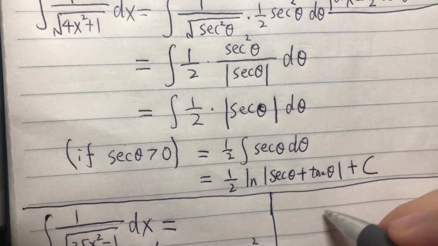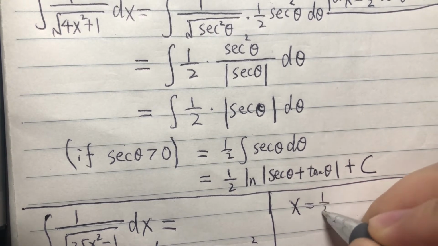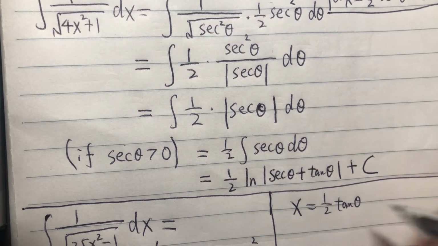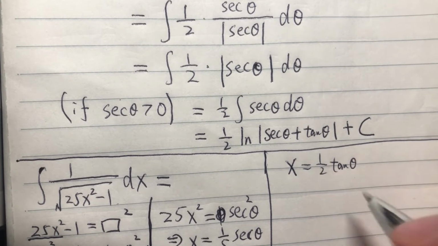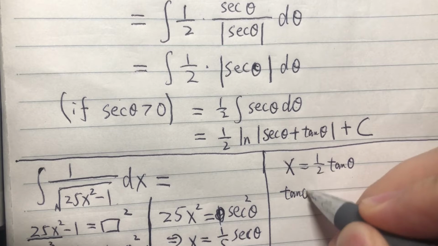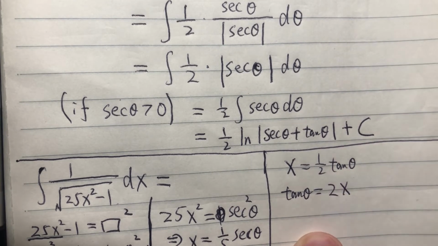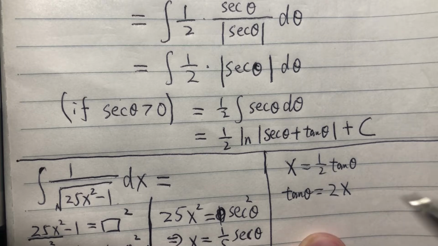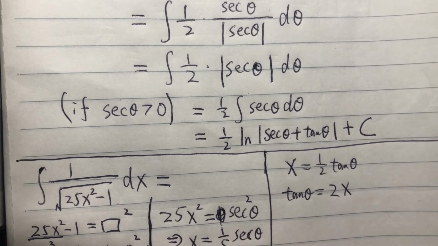Because we used the trig substitution x equals 1/2 tangent theta, tangent theta is 2x. So here is 2x, but what about secant theta?